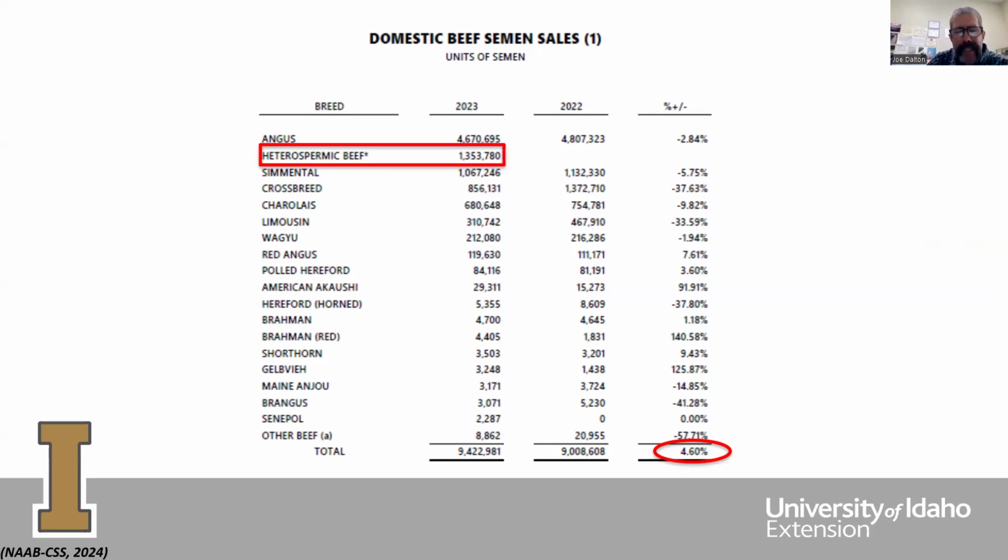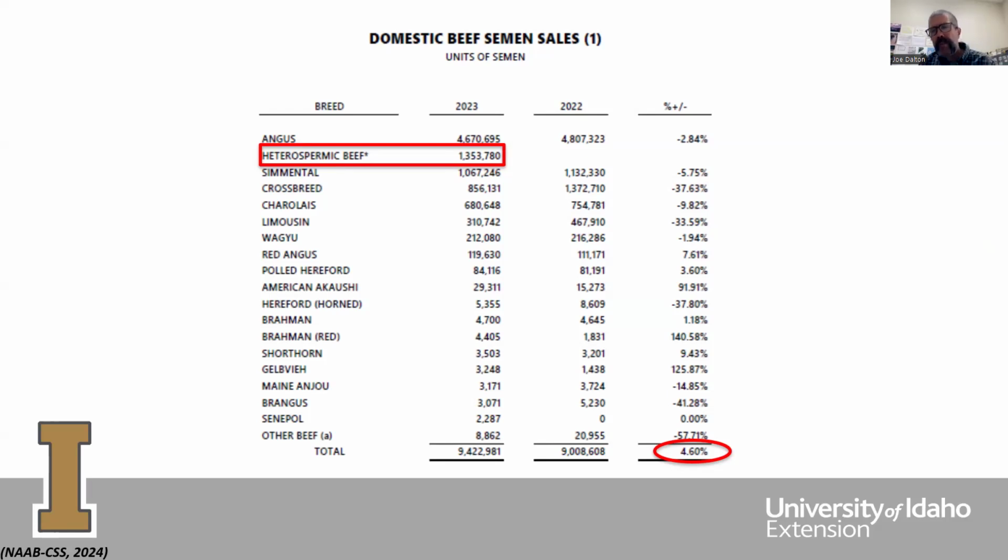Actually, I've got data here from the National Association of Animal Breeders, and they track production and sale of AI doses, whether it's beef or dairy, domestically for the US. And what we're looking at here is an increase in AI doses from the year 2022 to 2023 for beef breeds.